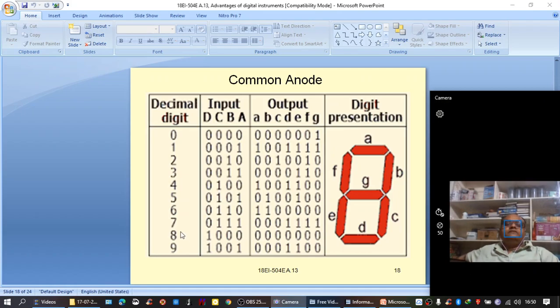So that is how, depending upon the combination of the segment inputs, appropriate LEDs glow, giving a particular numeric display.